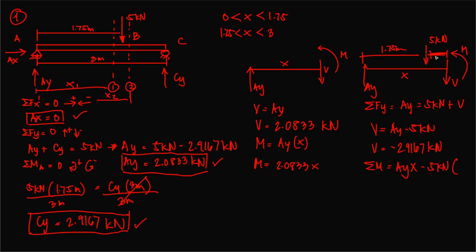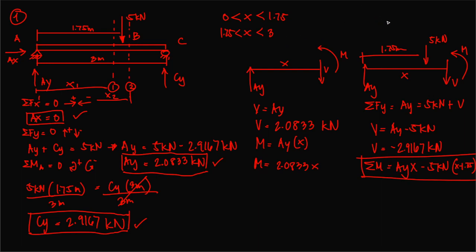This is the distance here, not this. The distance here from here to this point. So that will be x minus 1.75, and then this is the M for segment AC.